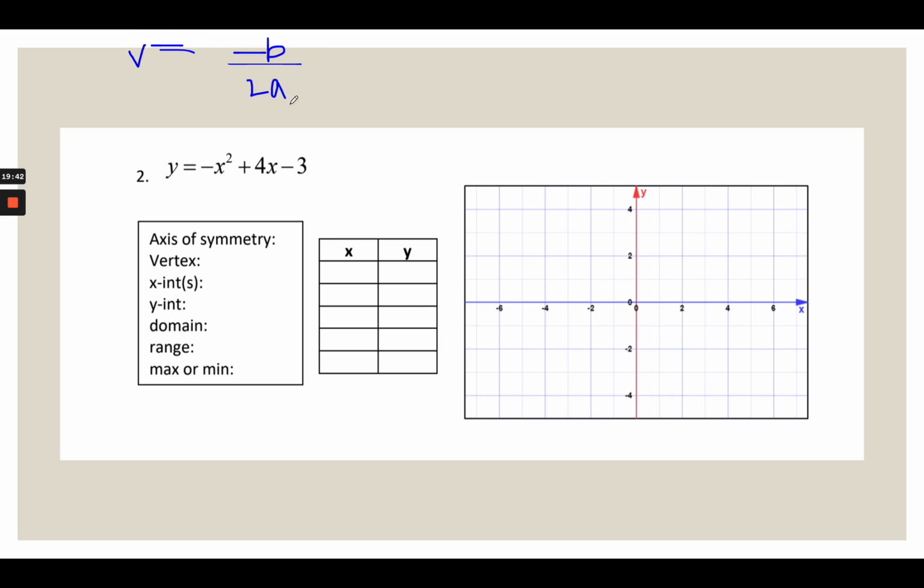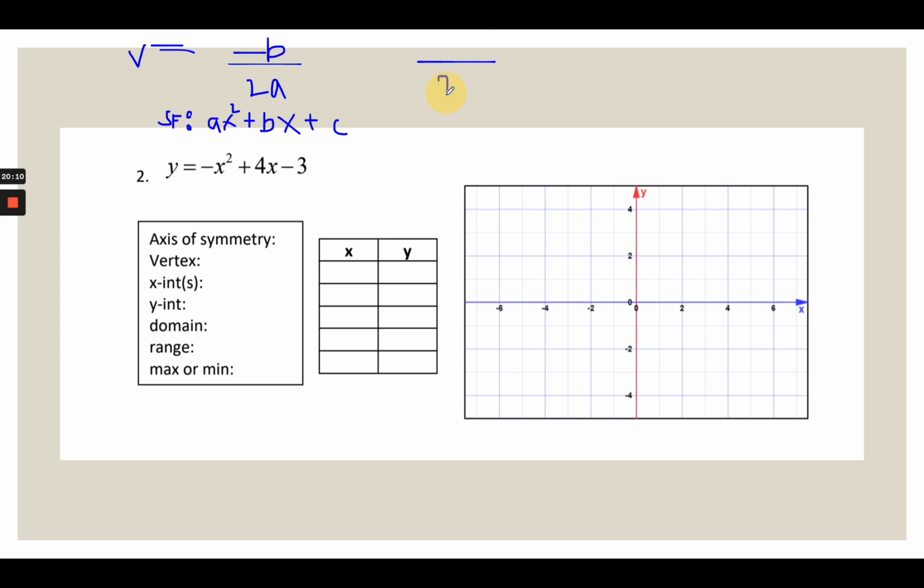You might be wondering, what is b? What is a? Well, remember, our standard form is always written in the form ax squared plus bx plus c, right? That's standard, S for standard form. So, looking down here, what's a? What's in front of our x squared? Well, a is going to be our -1.